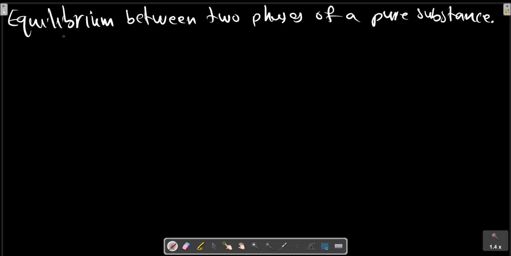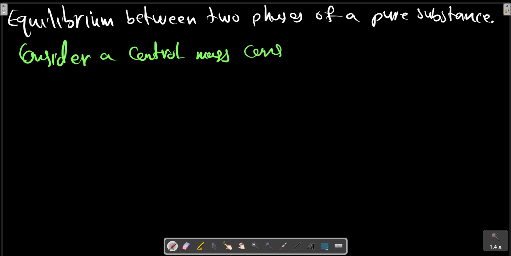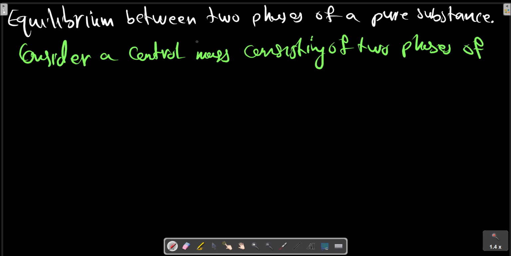Consider a control mass consisting of two phases of a pure substance at equilibrium.